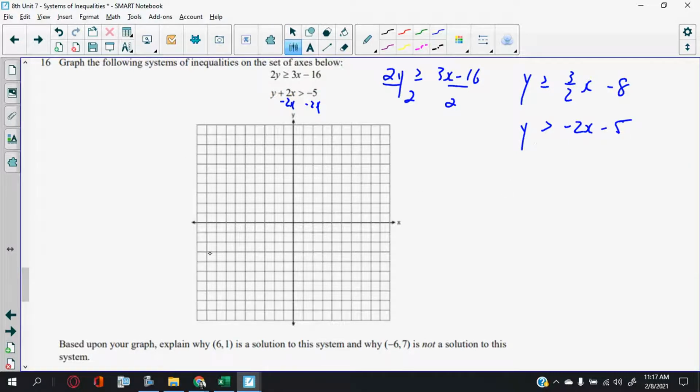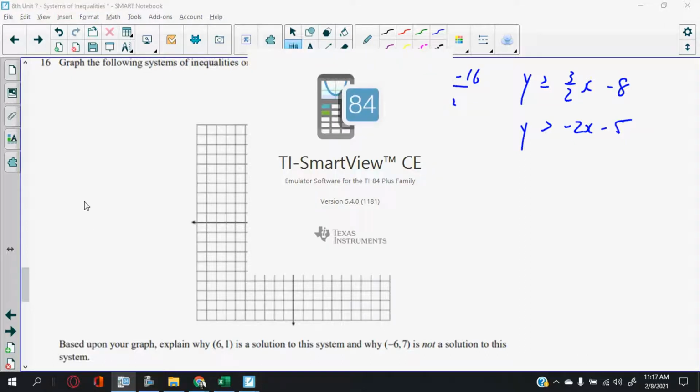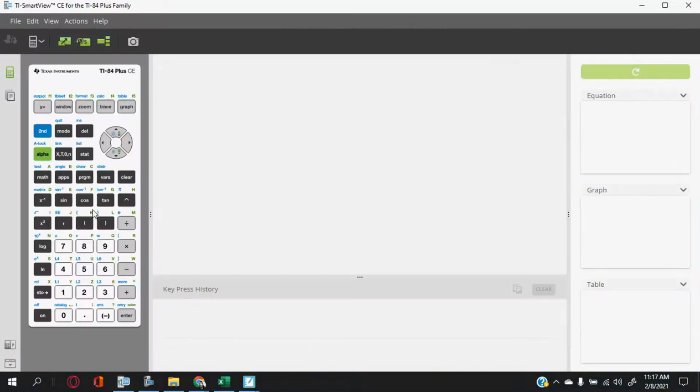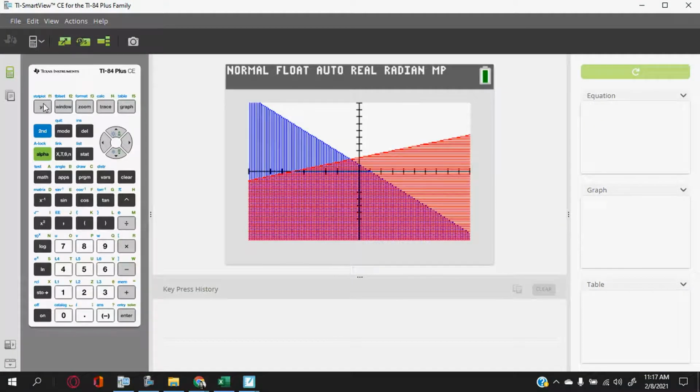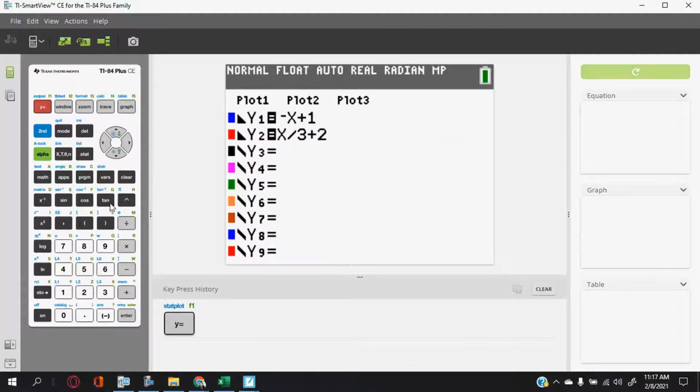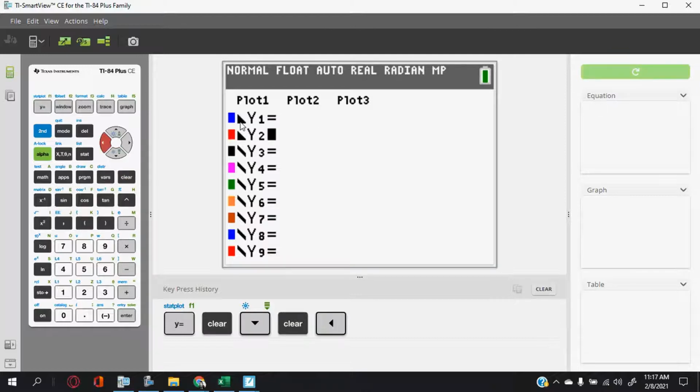Okay, so I'm going to put that into the calculator. Let me start that real quick. I'm going to enter the values in. That doesn't need to be there, so let me clear both. Now I have to be careful with these greater than, less than symbols.